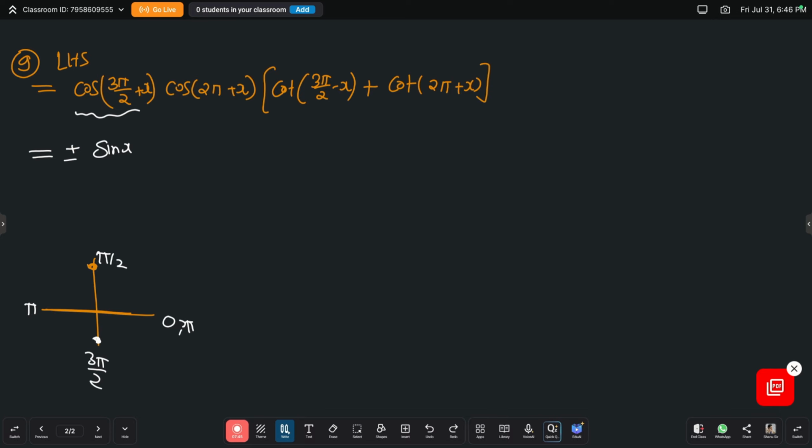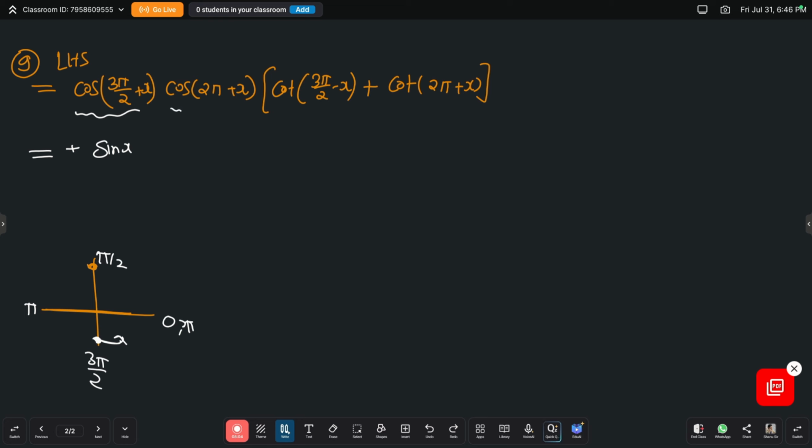From here go anti-clockwise, and you reach the fourth quadrant. In the fourth quadrant cos is positive. So it is positive sin x. It is solved.